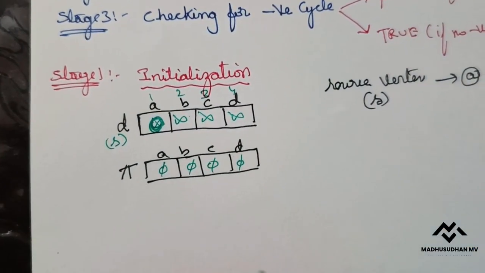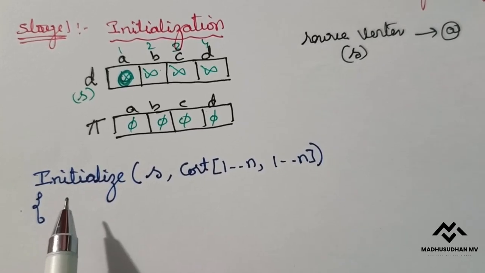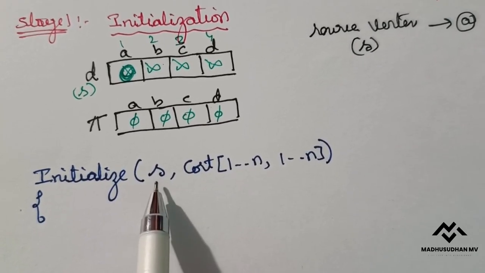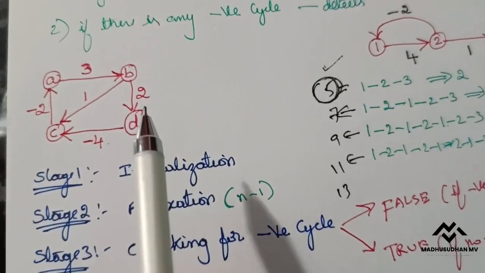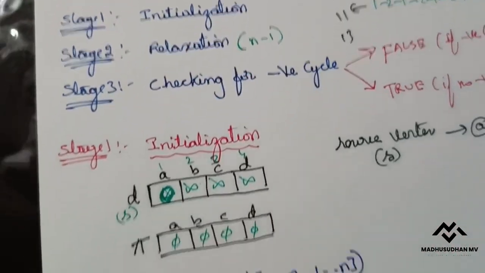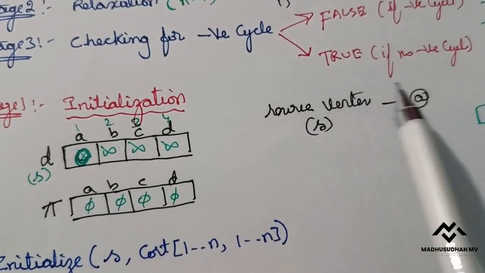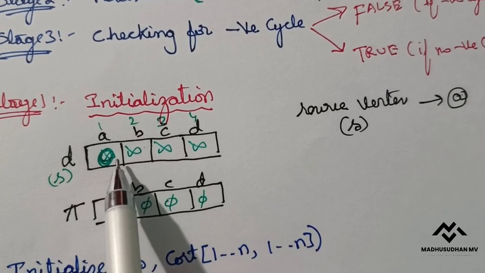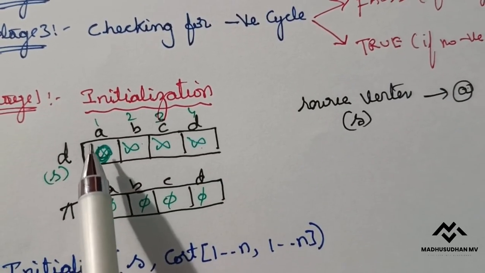For this, now I will write the program, that is, the algorithm. See, I took the name Initialize, this is the algorithm name. The parameters to be passed are the source vertex and the cost adjacency matrix for this given graph. Okay, what source vertex have we taken? A. Now what we did here, initialize made everything infinity, for all the vertices.